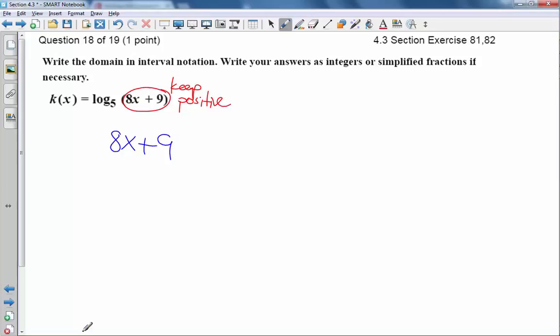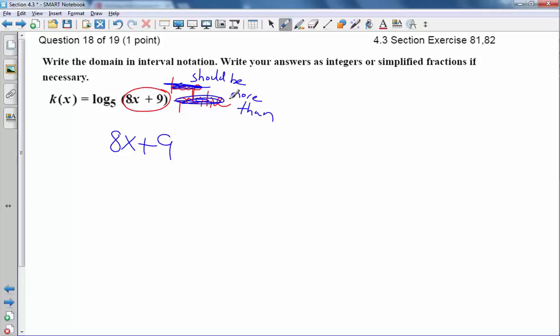Equal to 0? What? No, but there's a better one. Chantal? Yeah, absolute value makes it positive. No. Maybe when I say keep, this is too strong. It should be more than 0.